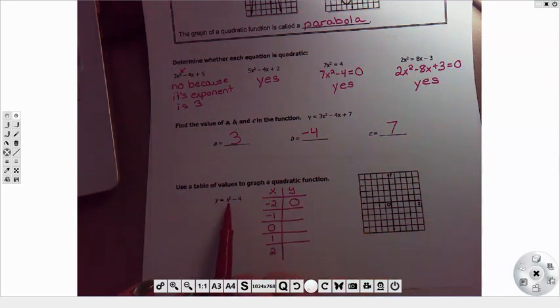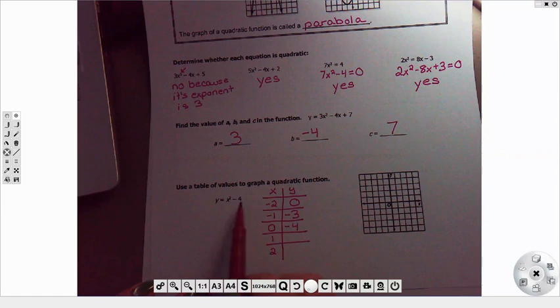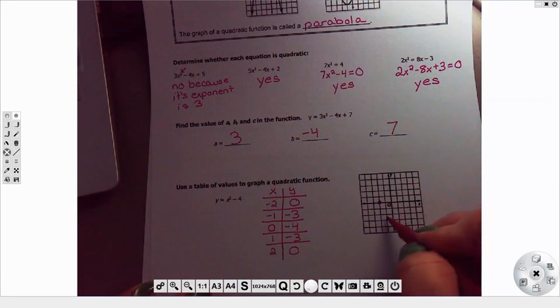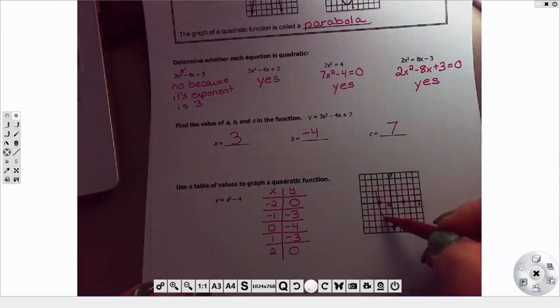Negative 1 squared minus 4 would be negative 3. 0 squared minus 4 would be negative 4. 1 squared minus 4 would be negative 3. 2 squared minus 4 would be 0. So if I plot those, negative 2, 0; 1, negative 3; 0, negative 4; 1, negative 3; and 2, 0. That has created that parabola look, that curved look.